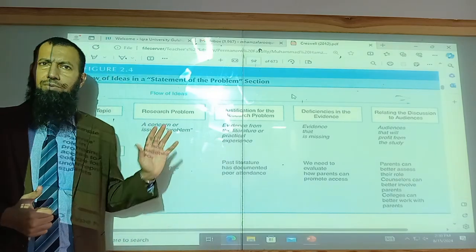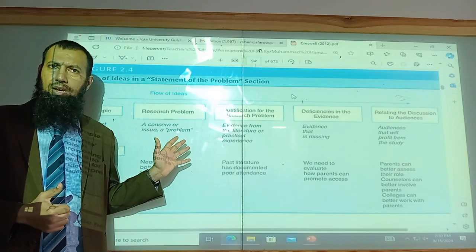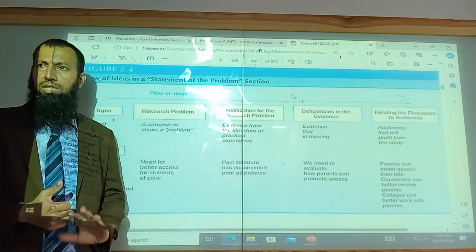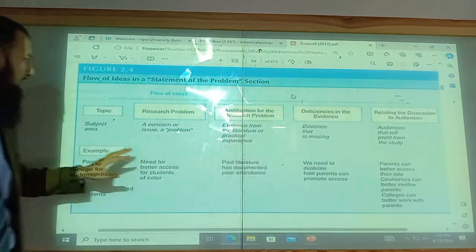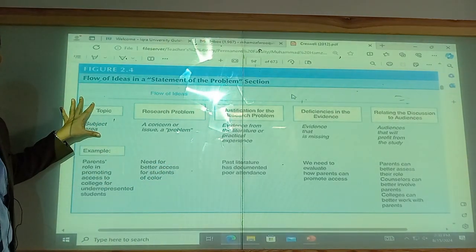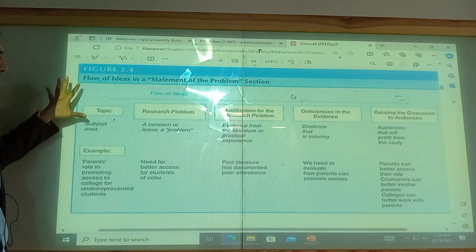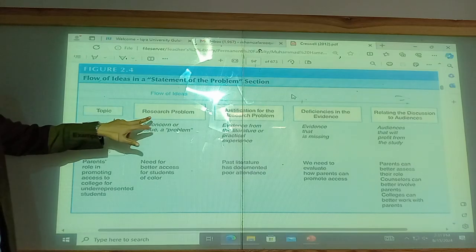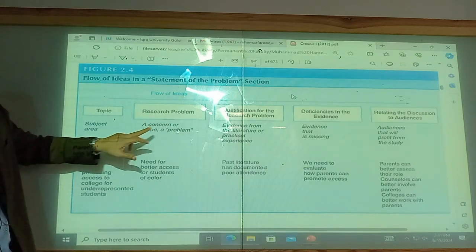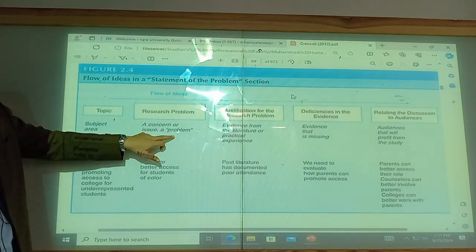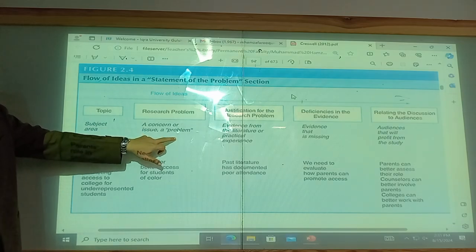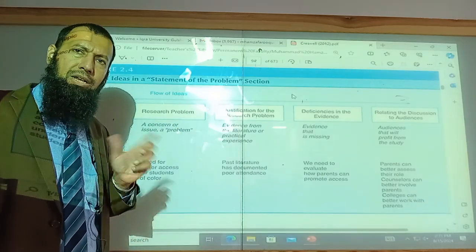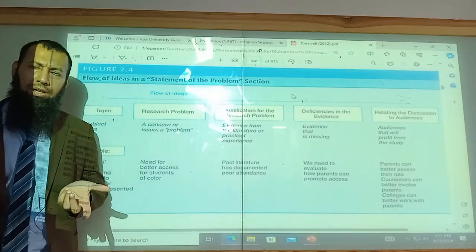One of the best I found in John Creswell's book Educational Research starts with the topic of the study, and the second is the research problem, the exact problem or issue you have already found out, and justification for the research problem, because the problem and the research problem are different things.